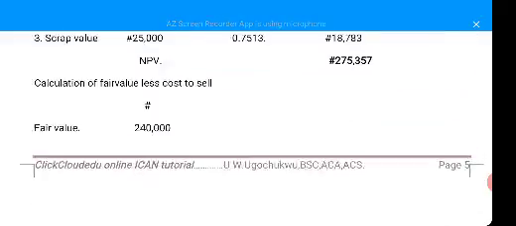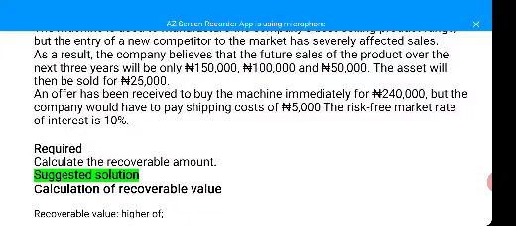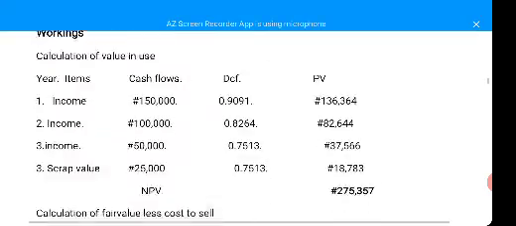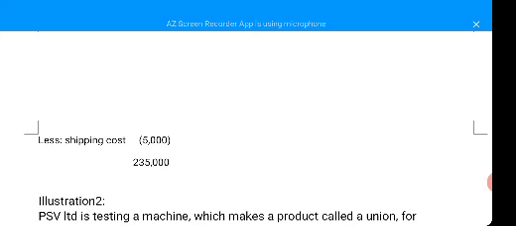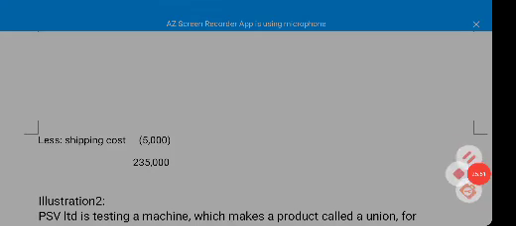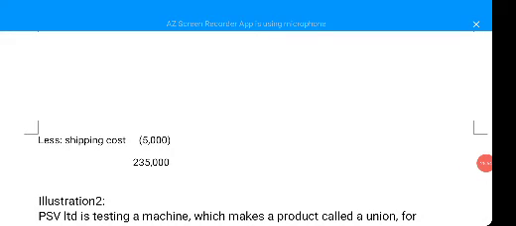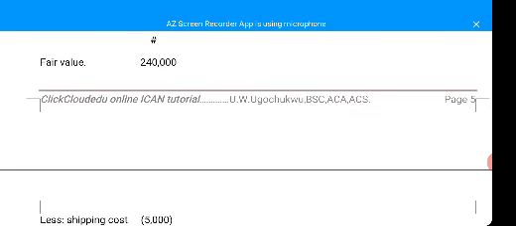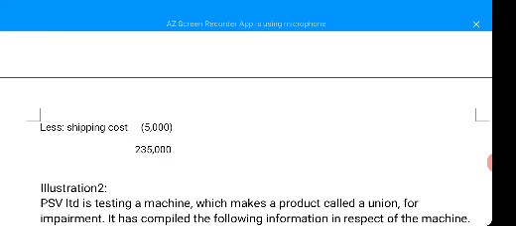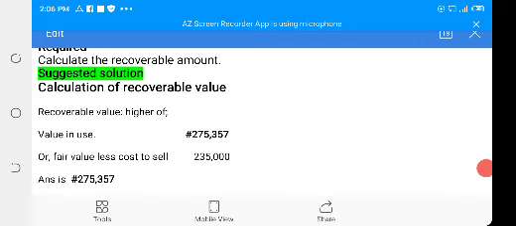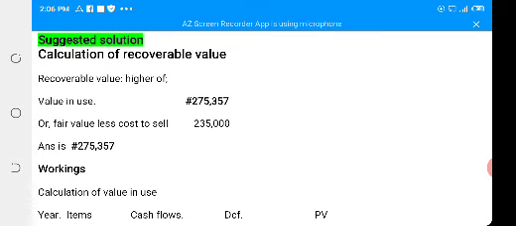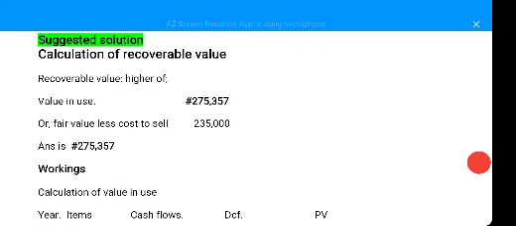You less your cost of disposal, which is your shipping cost of 5,000 naira, because to sell the asset you must incur it. So your fair value less cost of disposal is 235,000. When you compare 235,000 with your value in use, you find that the recoverable amount is 275,357 naira.